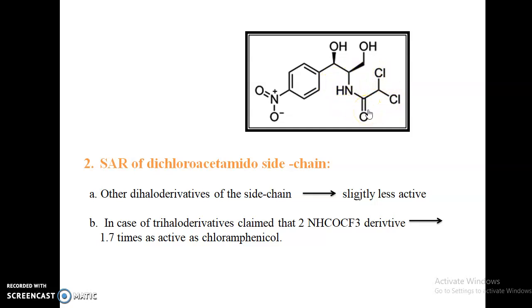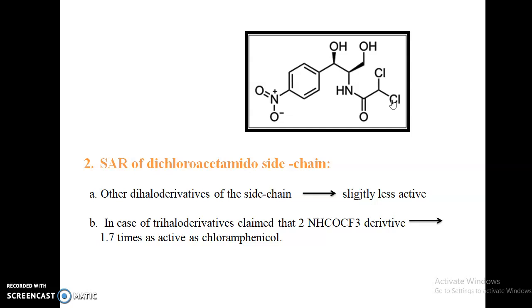If we replace these chlorine atoms, these halogen atoms, with other dihalo derivatives, then activity will be slightly decreased, giving a slightly less active compound. The first point: replacement of these chlorine atoms with other dihalo derivatives decreases activity.